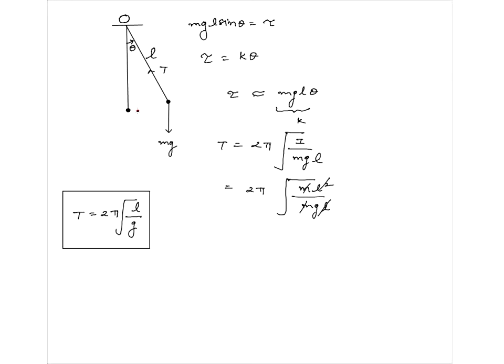So that treatment can be called the simple pendulum as a linear oscillator. It is considered to be performing linear SHM in that case. So you just take it as x and you follow the force approach.